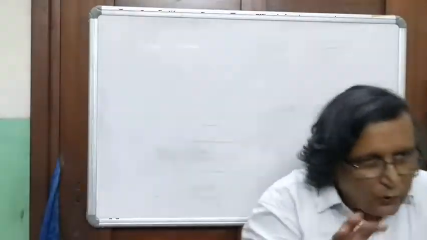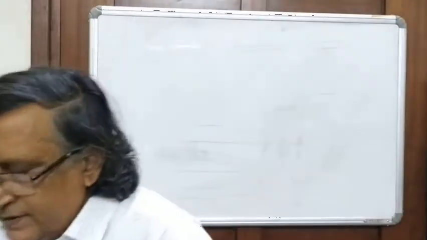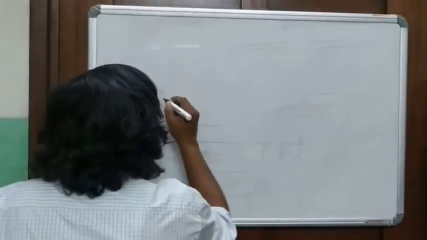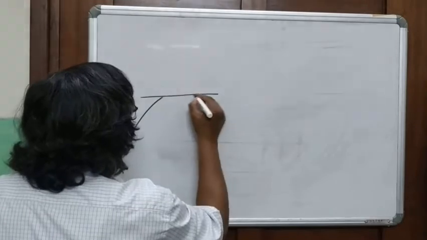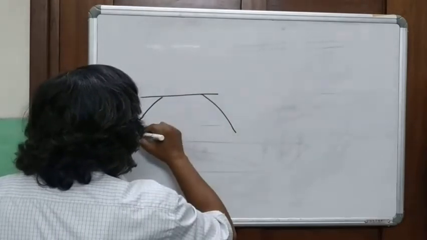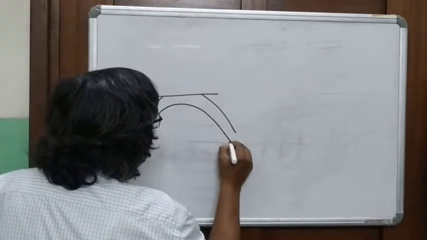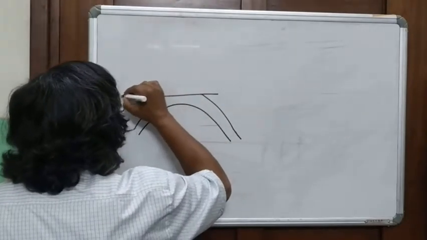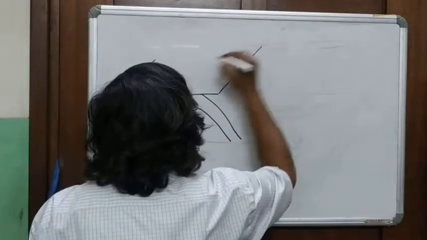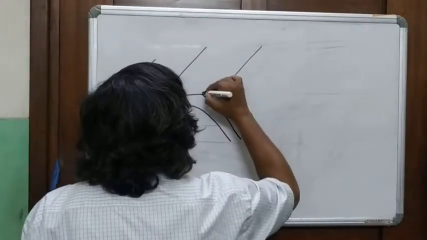Now, we talk of some sort of a different fold classification. Say I take a fold like this, and this is the third dimension on the ground surface, and you have a fold like this.